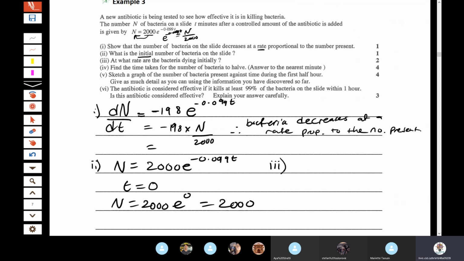Part three. At what rate are the bacteria dying initially? What does it mean to do? What's the key word there?